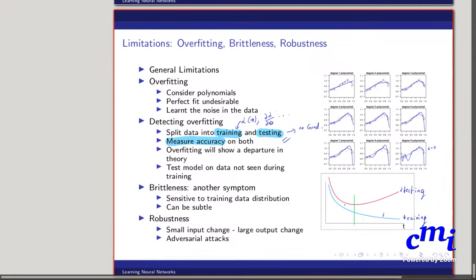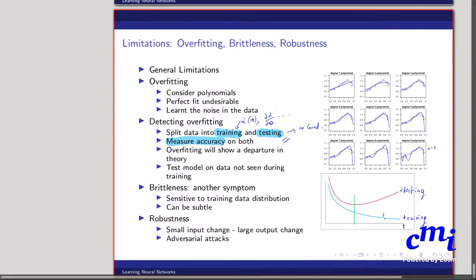So both your training and testing loss is going down. But then after a while, no matter what training you do, what you end up learning from this point forward is just the noise in the data, right? So from this point forward, you're ending up learning the situations shown in the lower six pictures. You're just learning the noise in the data.